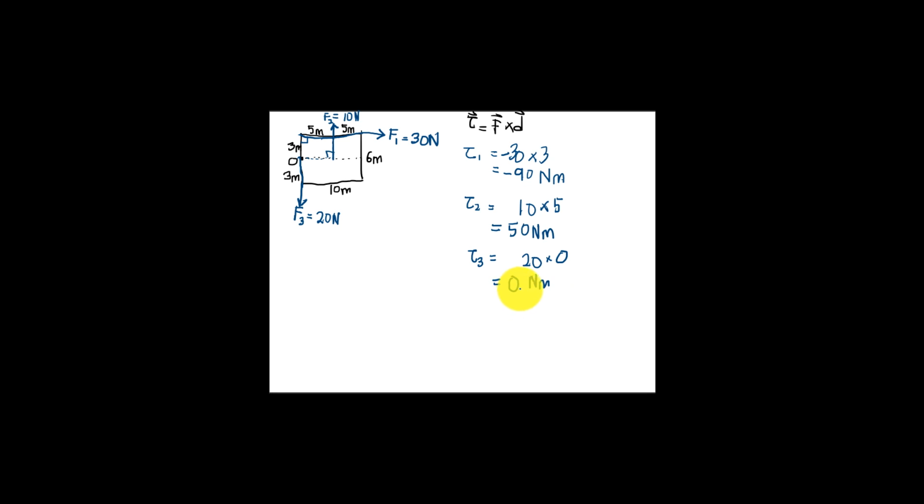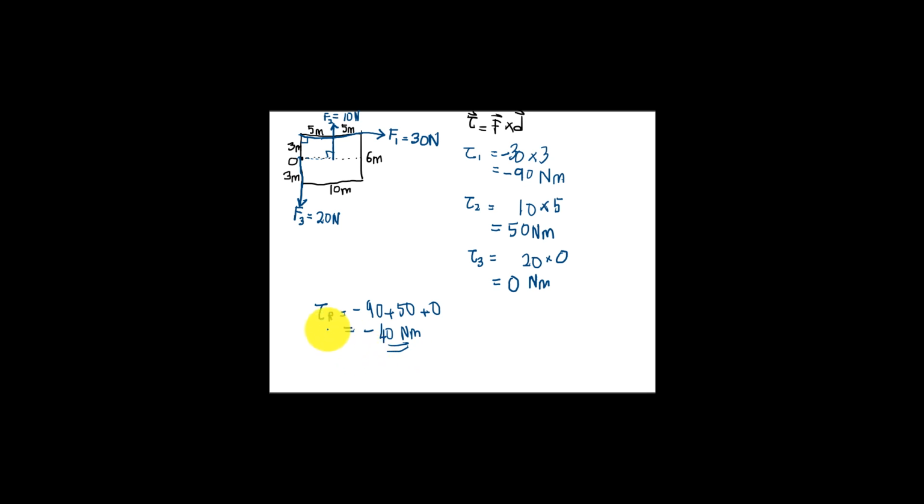The question asks for the resultant torque. Thus, we sum all three torques here, which is negative 90 plus 50 plus 0. So it will be negative 40 Newton meter.